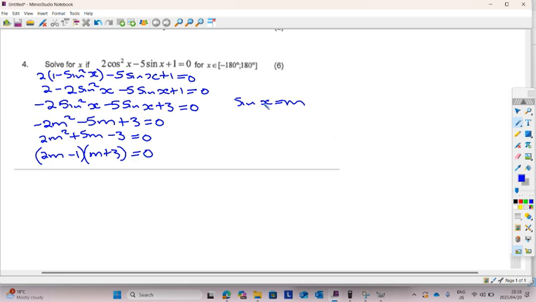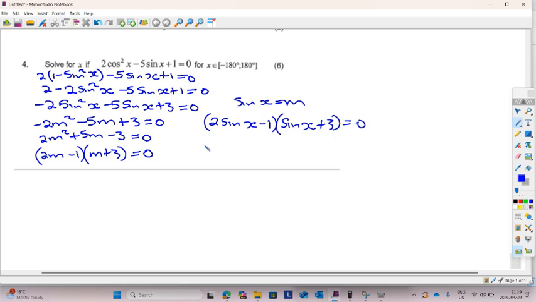And remember, we said sine x is equal to m, so we can bring back sine x to have 2 sine x minus 1 there, and the second bracket is sine x plus 3 equals 0.